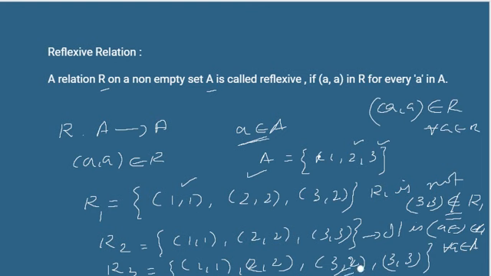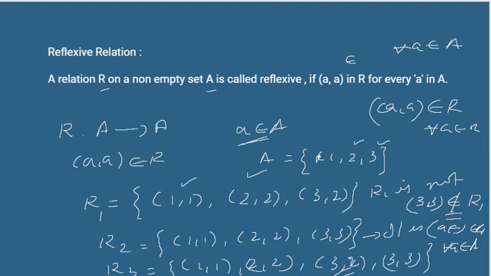Though there is an extra element, it doesn't matter. Clear? So in that case, R3 is also reflexive. Let's come back to the definition: a relation R on a non-empty set A is called reflexive if ordered pair (a, a) belongs to R for every a in A.